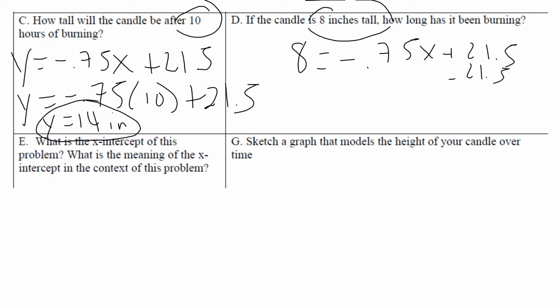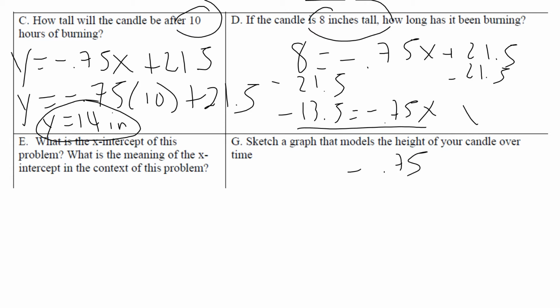Subtract the constant from both sides. 8 minus 21.5 is going to give you negative 13.5 equals negative 0.75x. Divide both sides by negative 0.75. It's good news that both sides are negative because, of course, the negatives cancel. And it turns out that you get that x equals 18 hours.